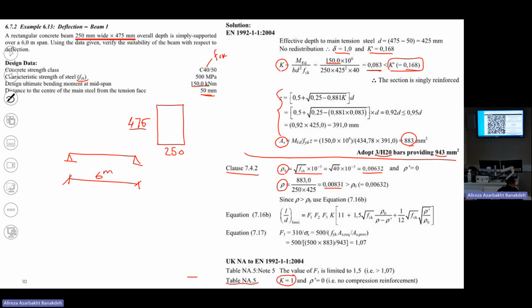This is the common practice when you're working in a consultancy as engineers and you're preparing a technical report for some clients. It's exactly the same thing you need to do if you want to show that you're calculating something. You need to reference, from National Annex 5, K is 1. So you can just check the National Annex table number 5.